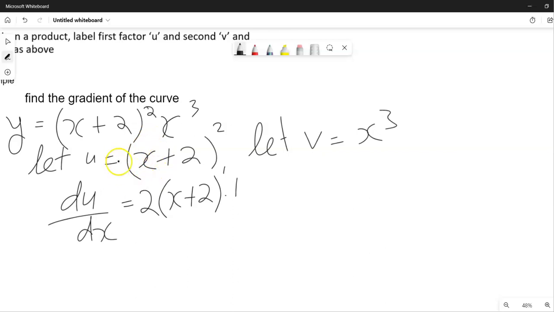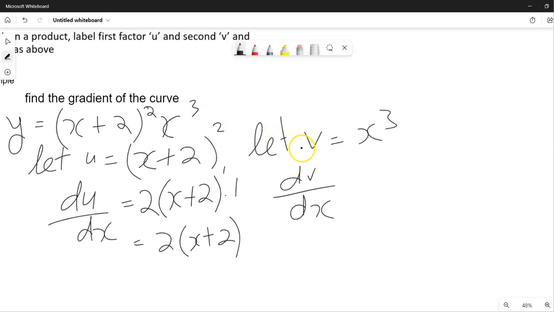So that's the derivative of u right there, which when simplified is just 2 times x plus 2. And then we differentiate v. So we are looking at dv by dx, which means that we're differentiating v with respect to x. So power rule, multiply by coefficient, decrease power by 1. So we have differentiated the parts.